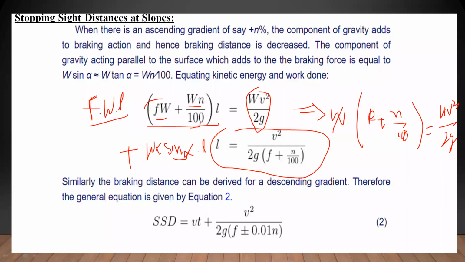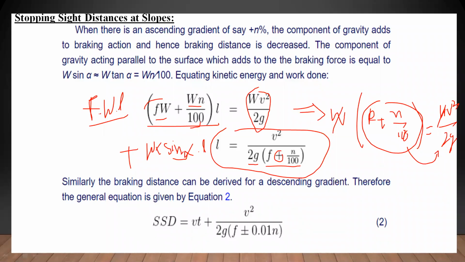This W and this W get cancelled. So F plus N divided by 100 will go to the denominator, that is 2G into F plus N divided by 100. Plus is for ascending gradient. In case of descending gradient, you can write it as minus.